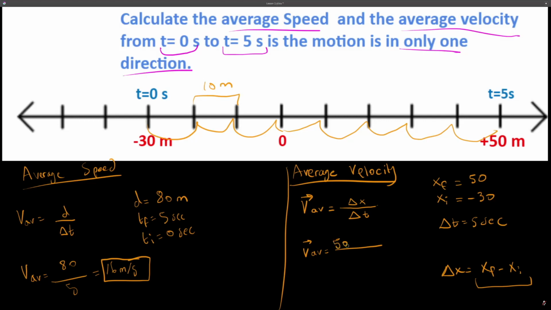So 50 plus 30 over 5, which is equal to 80 over 5, which is equal to 16 meters per second. And the direction we mentioned before, so if this is west and this is east, then it moved 16 meters per second east. And this is our answer.